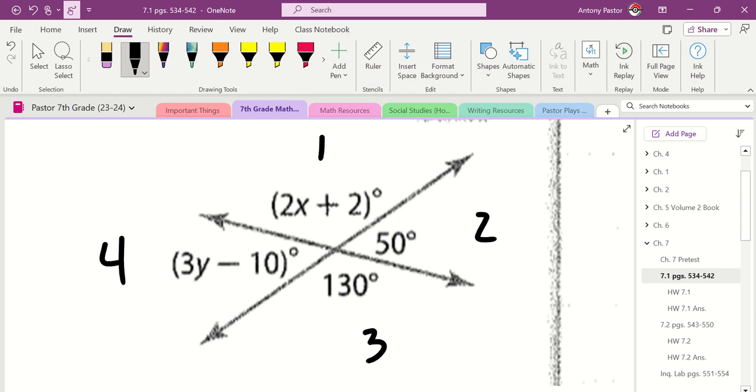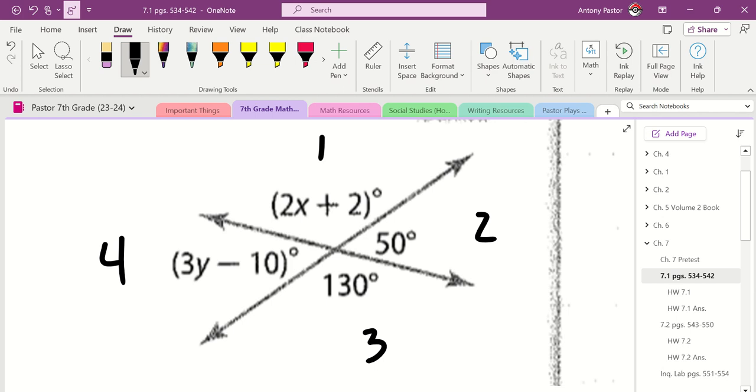If they're opposite of each other, they equal each other. There you go. So how many degrees would angle 1 be? And then what about angle 4? How much would that equal? There you go. Okay, we're wrapping up in 3, 2, 1.